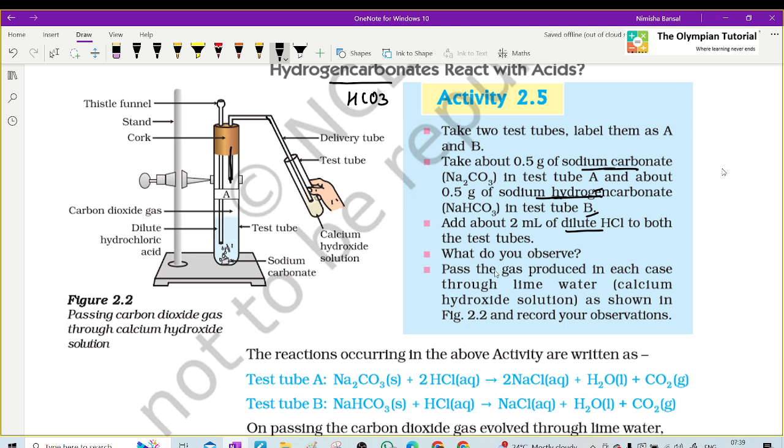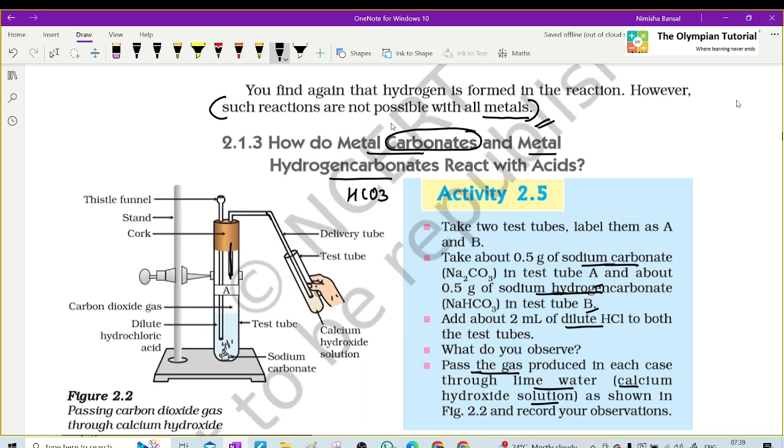We will observe that gas is produced, and we pass this gas produced in each case through lime water, calcium hydroxide solution, as shown in figure 2.2, and record our observation. So both will release carbon dioxide, because in both, CO3 is carbonate and HCO3 is hydrogen carbonate.